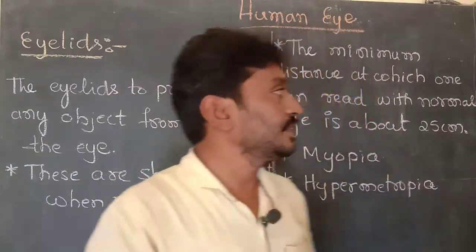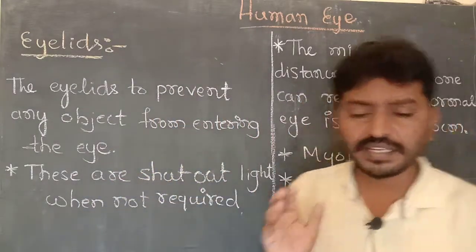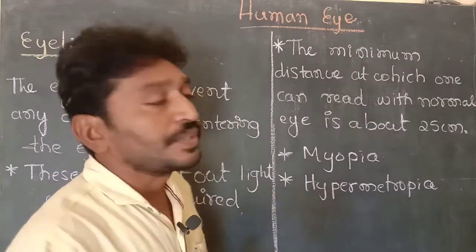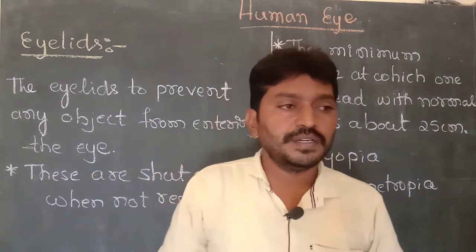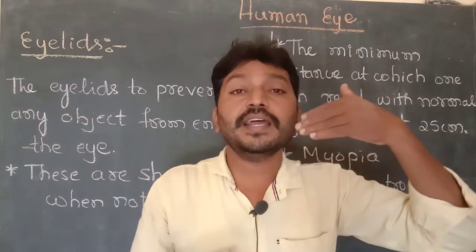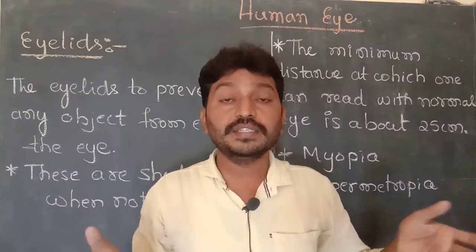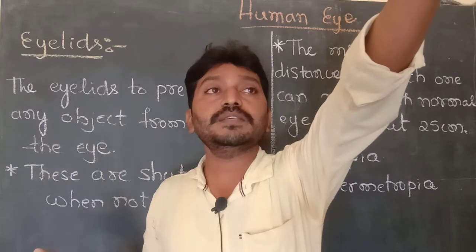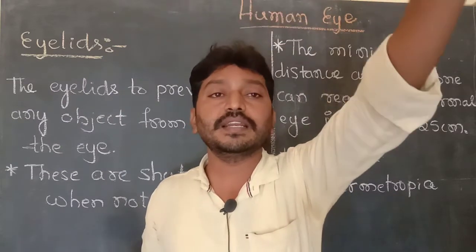Right? And one more important point is the eye is an important instrument in our day-to-day life. Why? Because some persons can see nearby objects clearly but cannot see distant objects, meaning far objects, clearly.